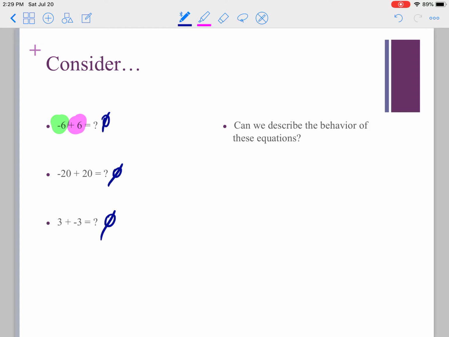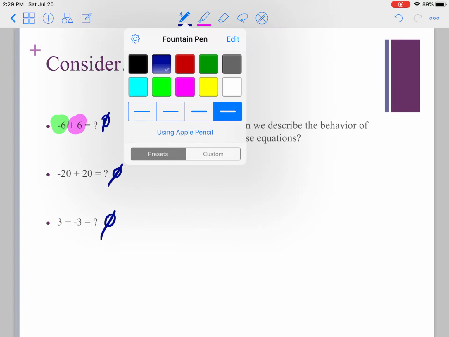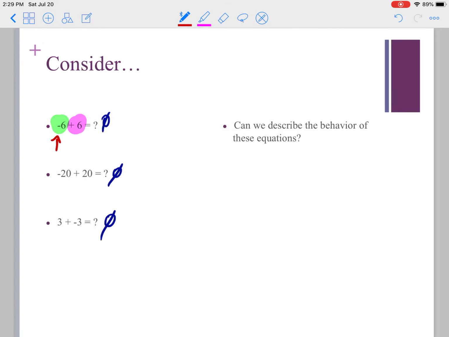So the opposite of a negative 6, negative 6 in this case, is a positive 6. The opposite of a negative 20 is a positive 20, and vice versa. The opposite of a positive 20 is a negative 20.